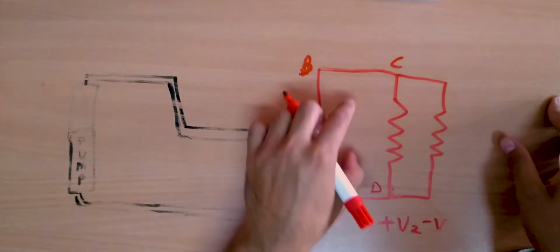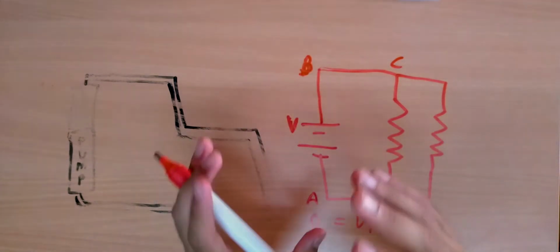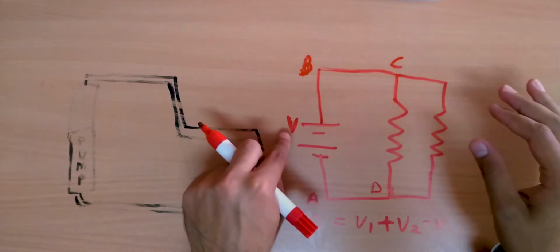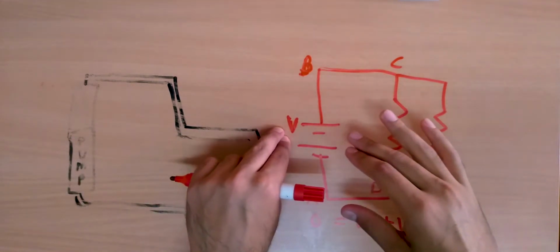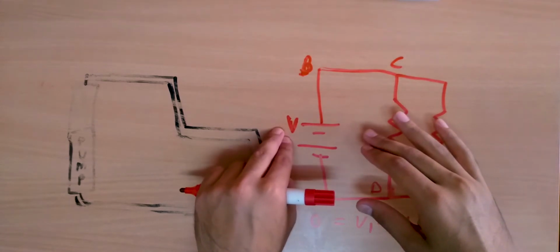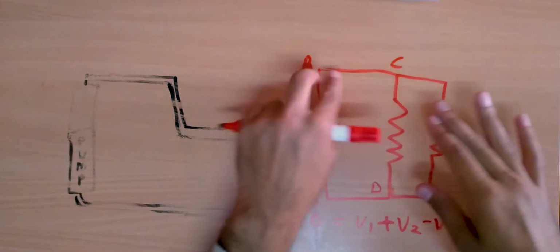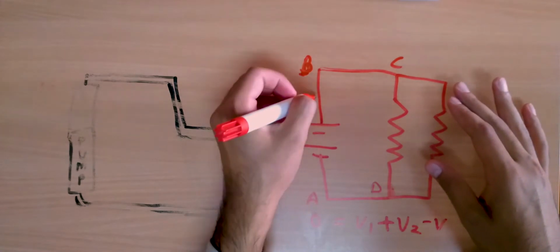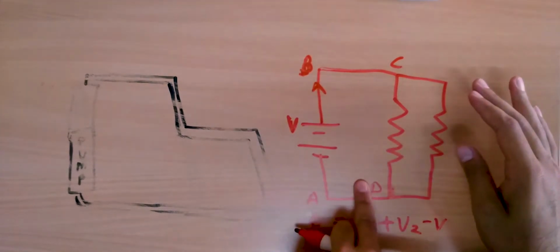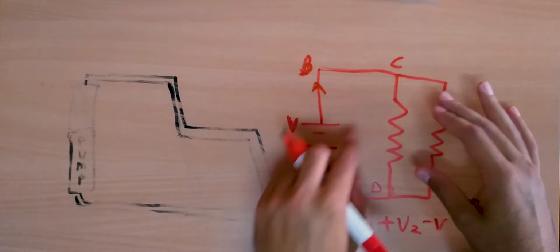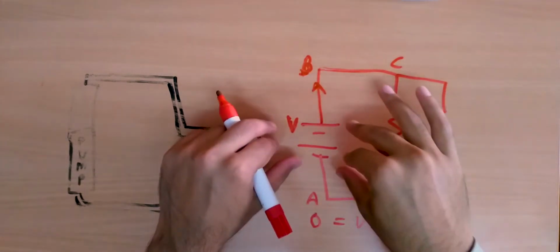So the net potential energy gained has to be 0, which means if every coulomb gains a potential energy of V joules, then it has to lose that energy. Let's say some electron goes from A to B to C to D back to A, then it has to lose that same amount of energy that it gained here.